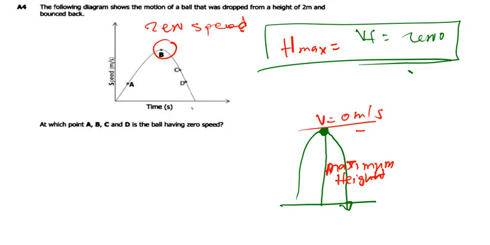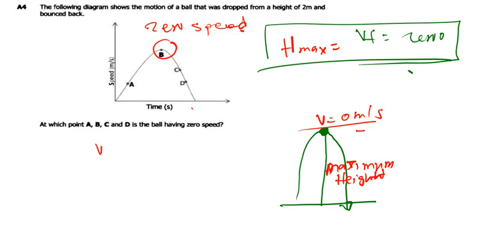Now, in case you come across any question asking you to find anything, when they are talking about you throwing a ball going up and reaching the maximum height, the formulas that you need to know are these 3 equations of motion.